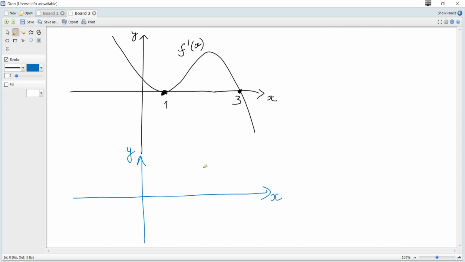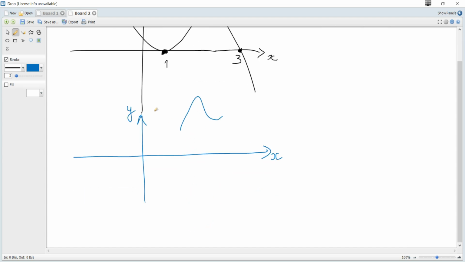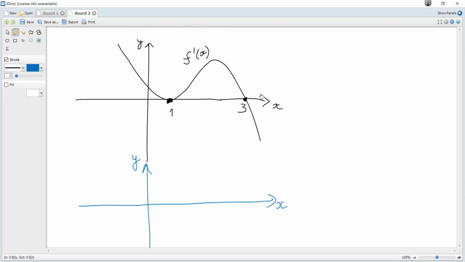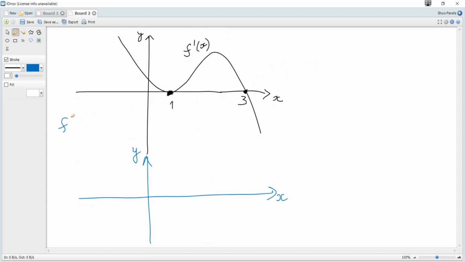So if you get some curve, for example, like this, you don't know where it is exactly. We need some specific points, and actually it is also given that f of 0 is equal to 0, so we should take it into account, and our graph should pass through this point. In general, if no points are given, just sketch the general shape.